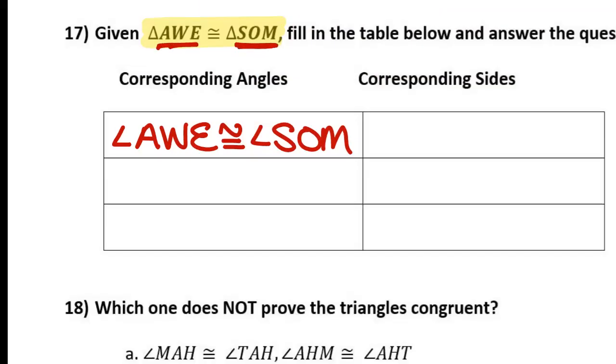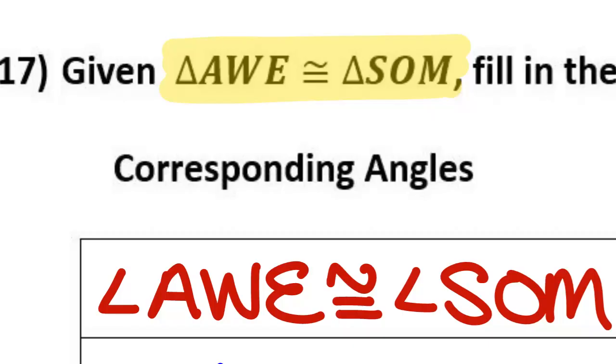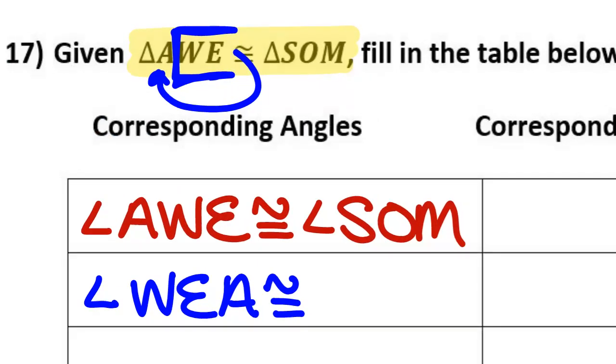Same order that it's in right here. There's another angle pair that is congruent. WEA. So I did middle last and then wrapped around to the beginning. Is congruent to, what would match that same pattern on the other one? OMS.